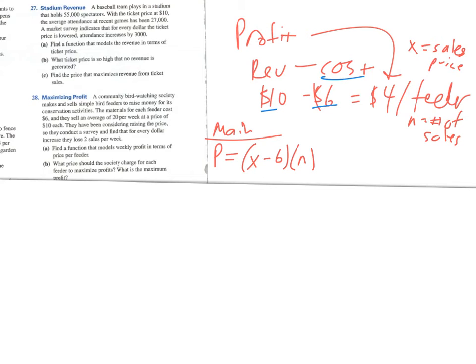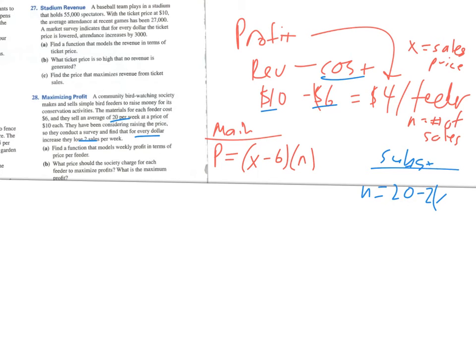Okay, so now what I'm going to do is set up my substitution equation here. So my substitution is how many am I going to sell. So right now I'm selling 20 per week, so I'm going to start off there. But then I find out that if I increase the price by $1, I'm going to lose 2 sales per week. So what I'm going to say there is I'm going to subtract 2 for every dollar that I increase the price.